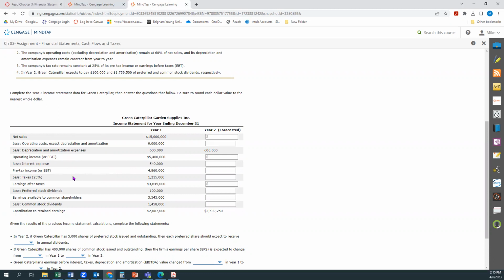And then minus taxes gives us our earnings after taxes. Then these tell you less preferred stock, etc., which tells us how much gets contributed to retained earnings. So this first line you can use as an example of how one should be set up.